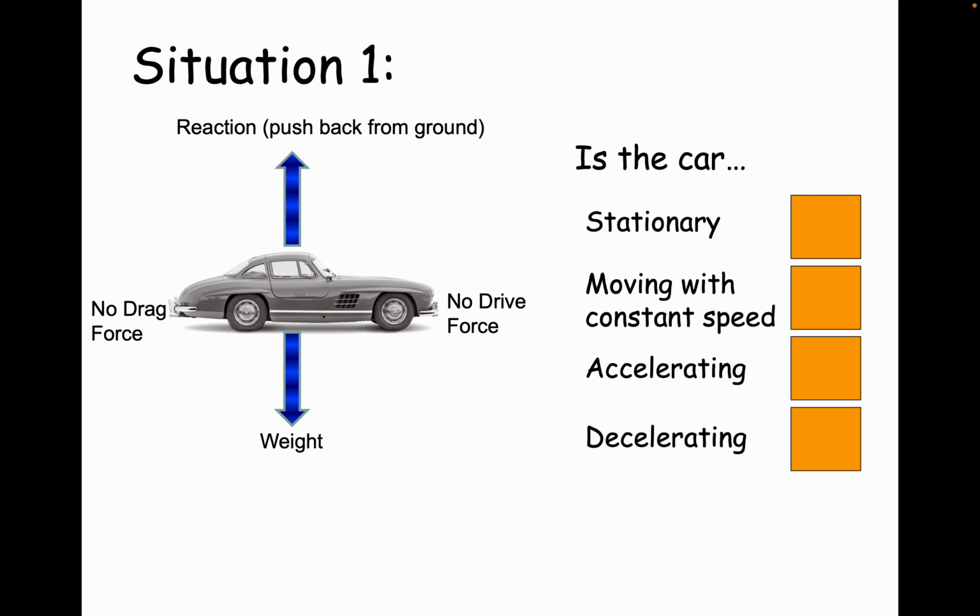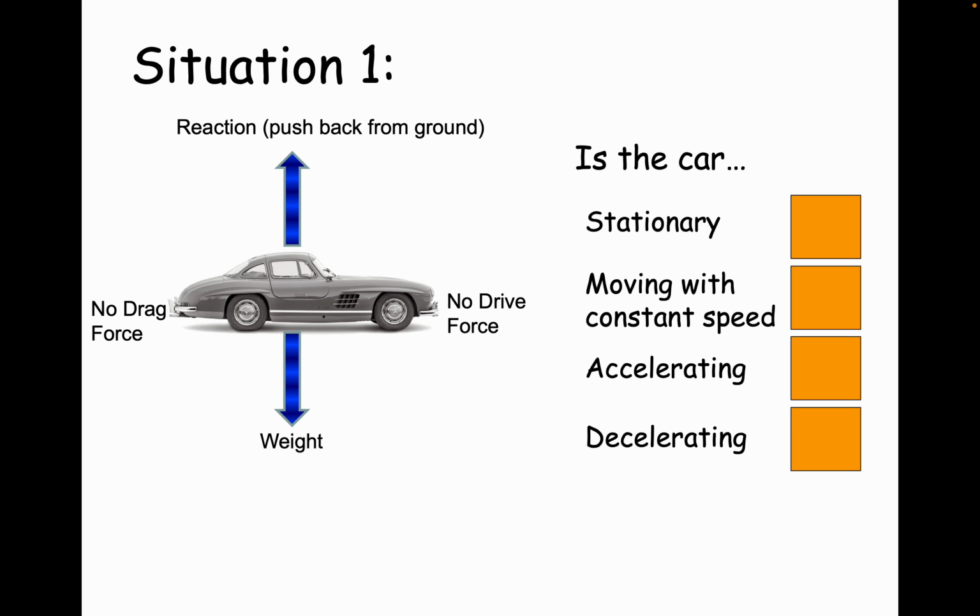So, resultant forces. Here's a little test for you. Situation 1. What is the correct answer with the force diagrams shown? Reaction is the name of the force when an object, such as the car, is pushing against the floor. There is a pushback from the ground, and that's called a reaction force in solids.